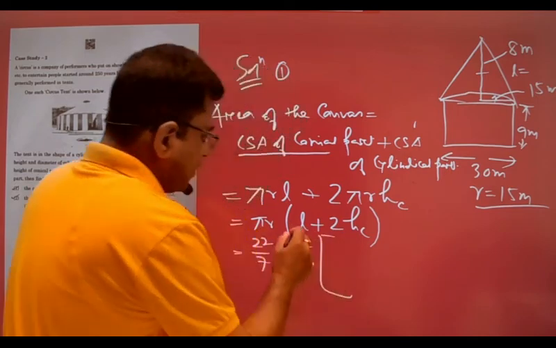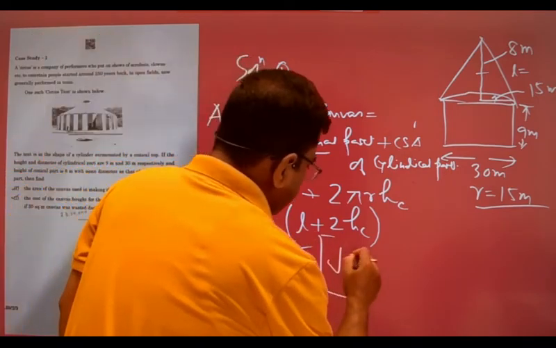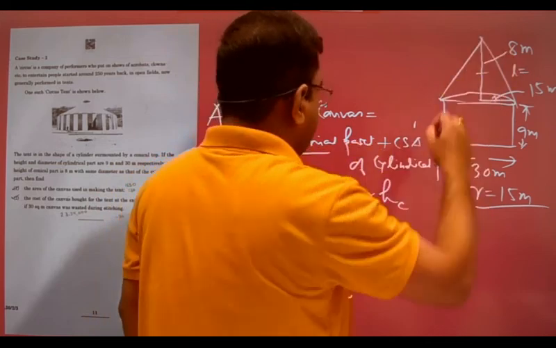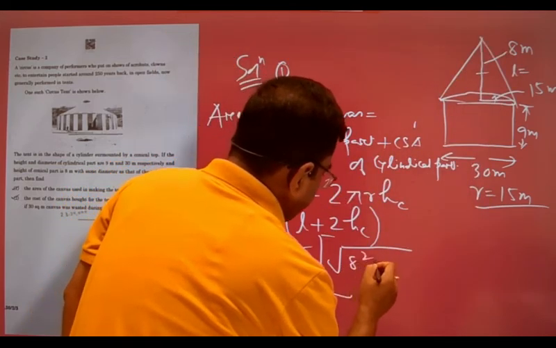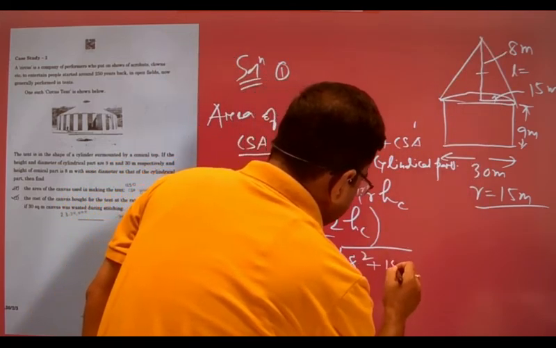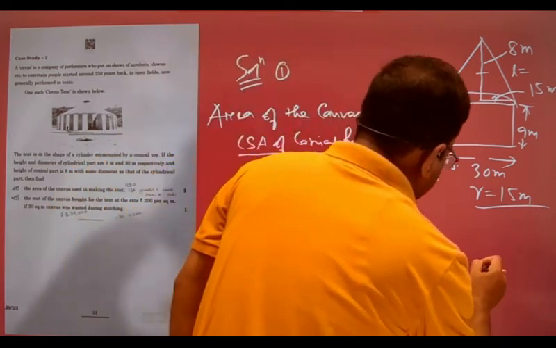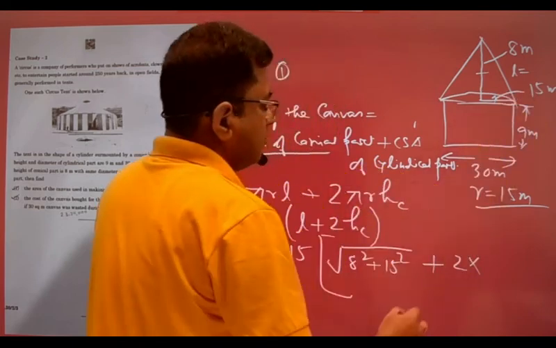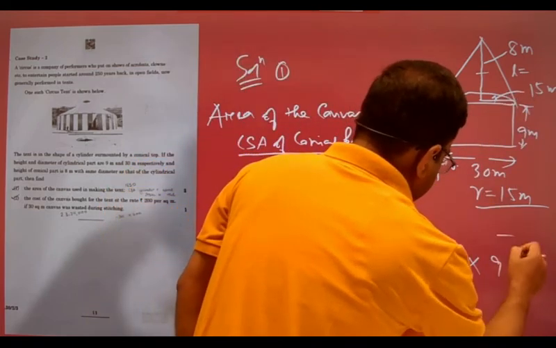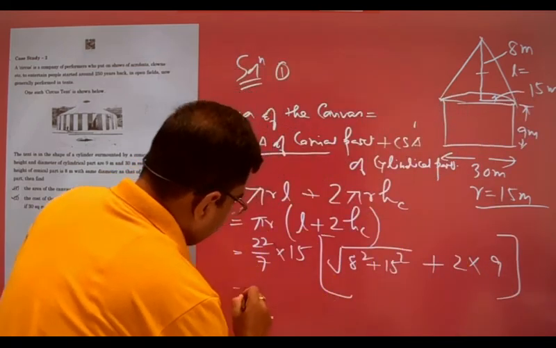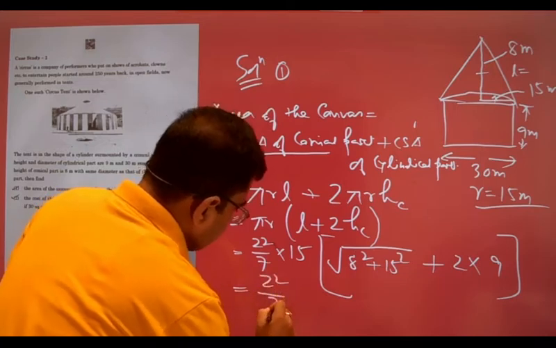Then what is the slant height? You can apply the Pythagoras theorem here, so 8 square plus 15 square, plus 2 into the height of the cylinder. The height of the cylinder is 9 meter. Then you can do this, 22 by 7.